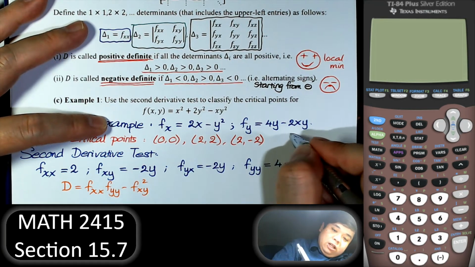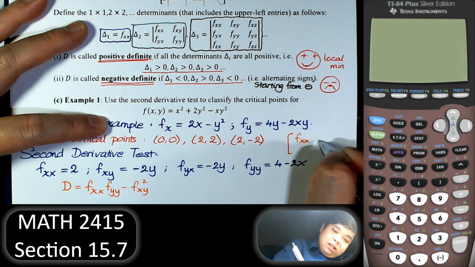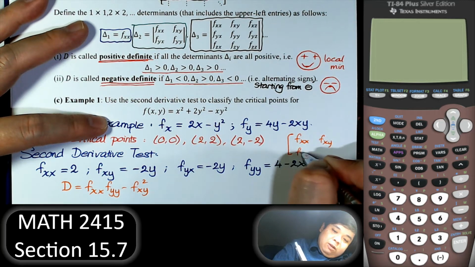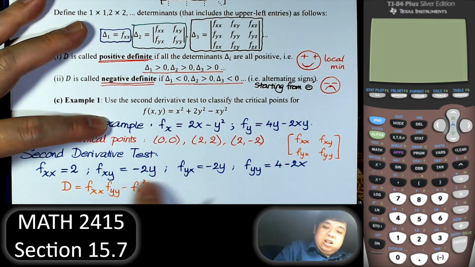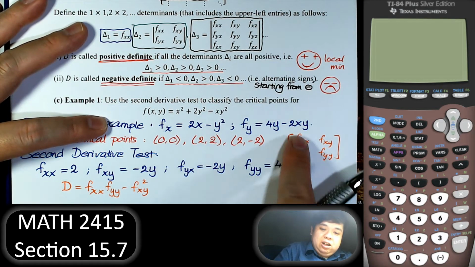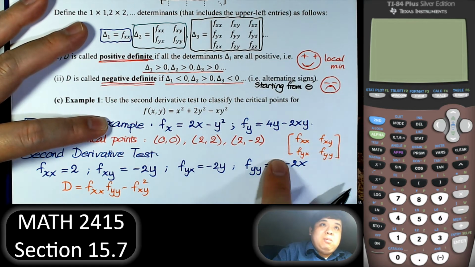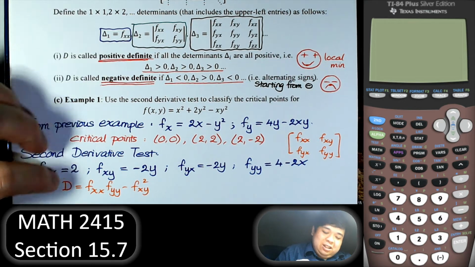Of course, if we put this in this matrix, fxx, fxy, fyx, fyy, this is just the 2 by 2 determinant, right? fxx times fyy minus fxy squared.